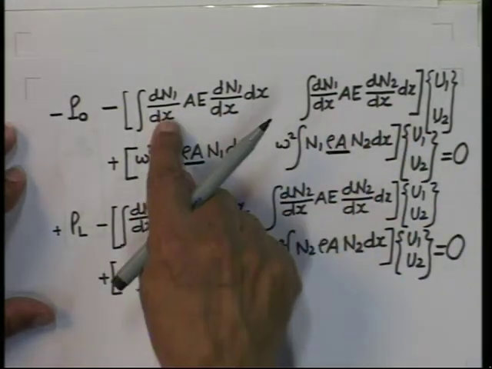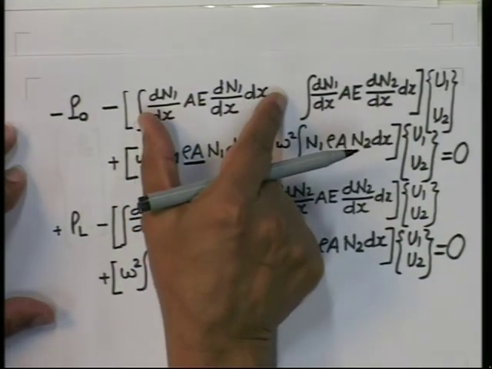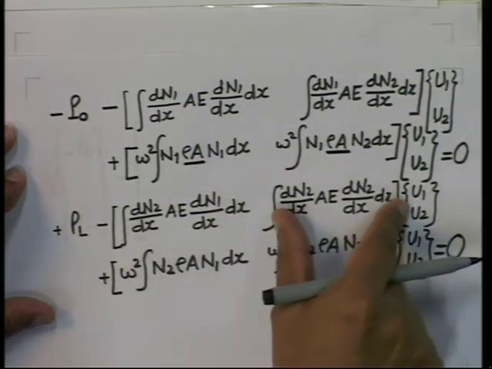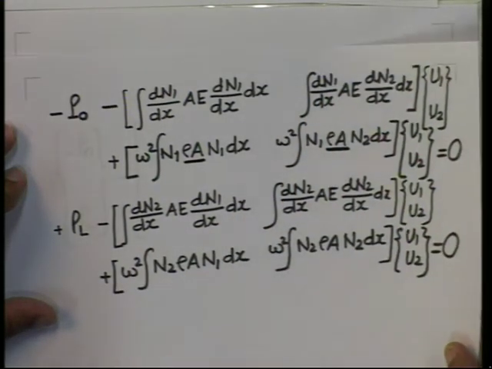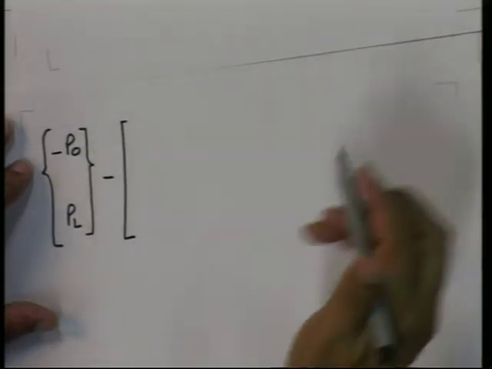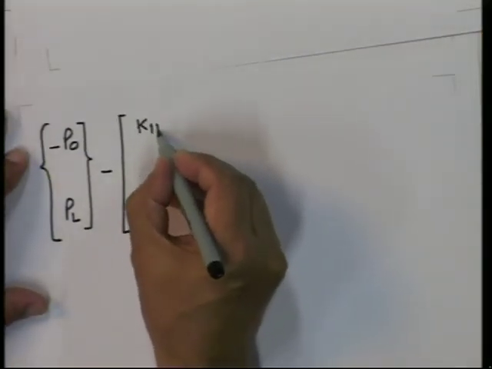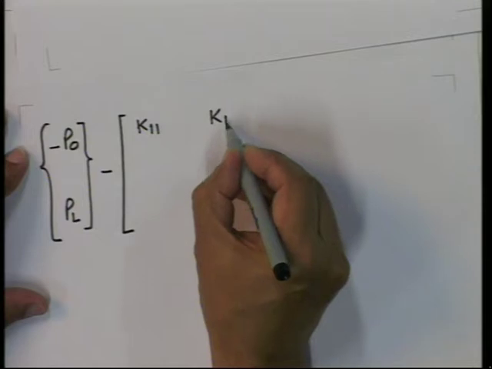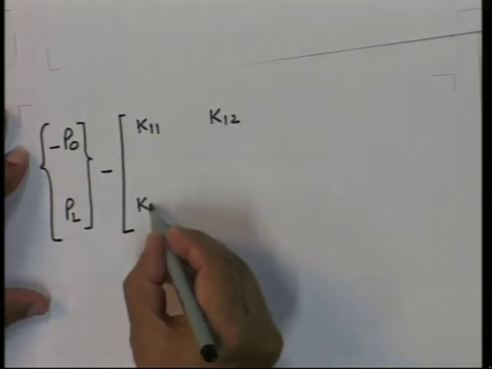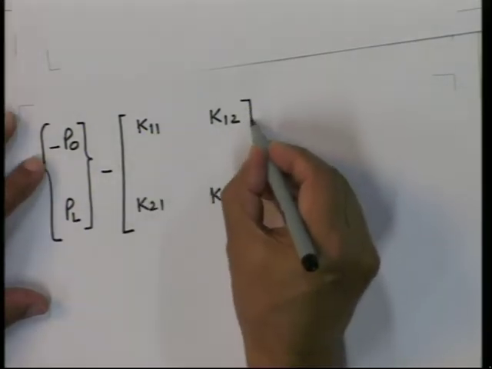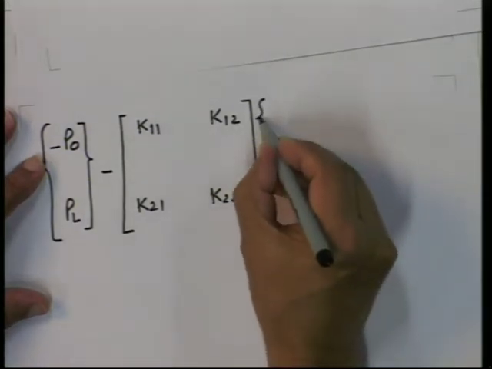I will call it k. This one is k 1 1, k 1 2, k 2 1, k 2 2.